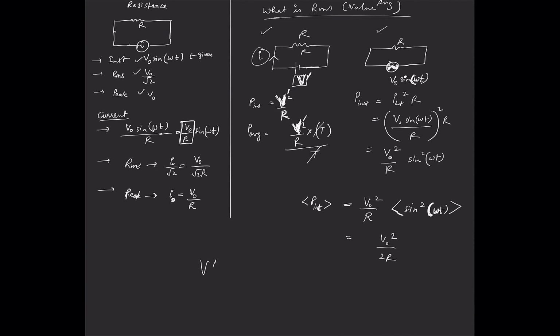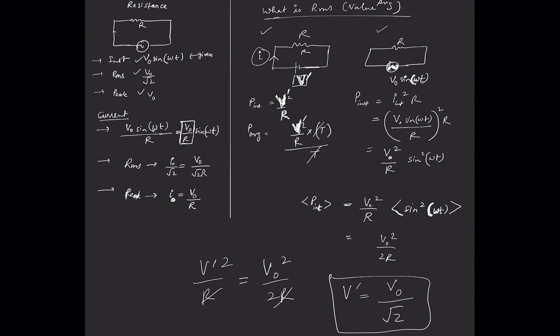We want to find V dash such that V dash square by R, the average power for the left hand side circuit, should be equal to the average power of the right hand side circuit, which is V naught square by 2R. So R cancels out, and V dash comes to be V naught by root 2.